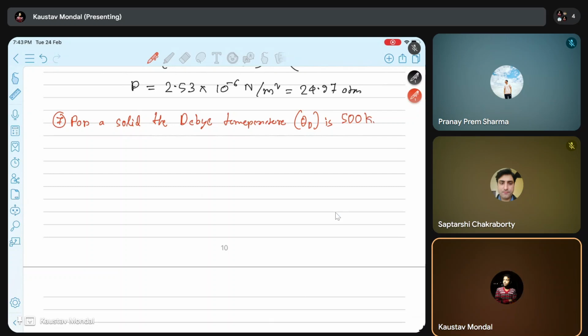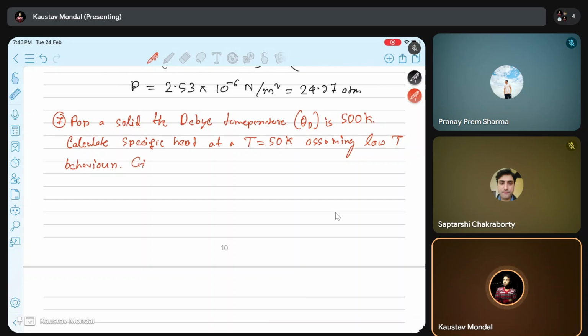Calculate the specific heat at a temperature equal to 50 Kelvin, assuming low temperature behavior. So you have to basically approximate the Debye expression that is valid for low temperature. That expression you have to use.